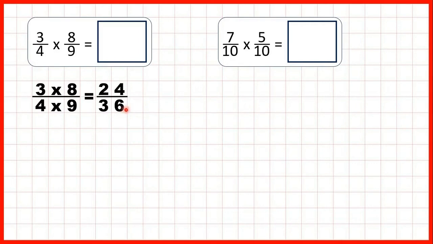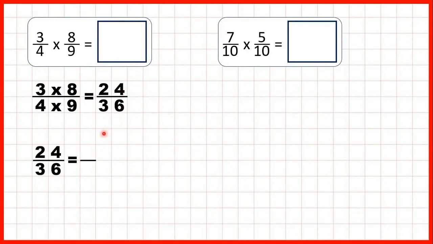But we can simplify that fraction by finding the highest common factor of 24 and 36. Now 24 and 36 are both in the 2 times table, they're both in the 3 times table, the 4 times table, the 6 times table, but the highest common factor of 24 and 36 is 12.